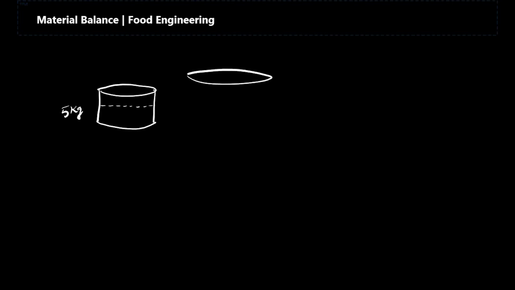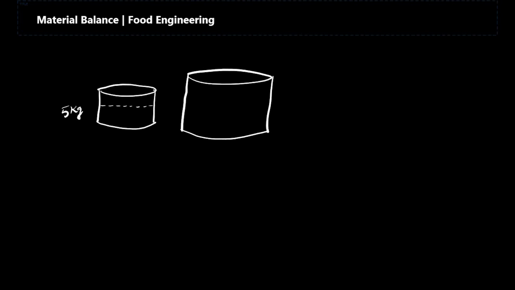So, let's say that you have a bucket, and let's say that you have some water in this bucket. Let's say you have 5 kg or 5 liters of water, and then there's a bigger bucket or a bigger utensil.